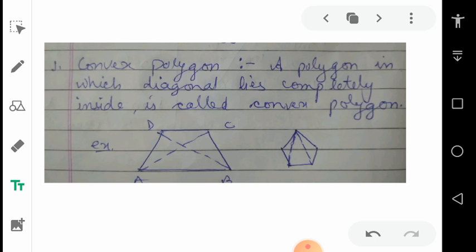It doesn't matter whether we are considering a rectangle or a parallelogram or a square, just consider it as a quadrilateral. This ABCD is a quadrilateral. As you can see, there are two diagonals, AC, this one, and BD.